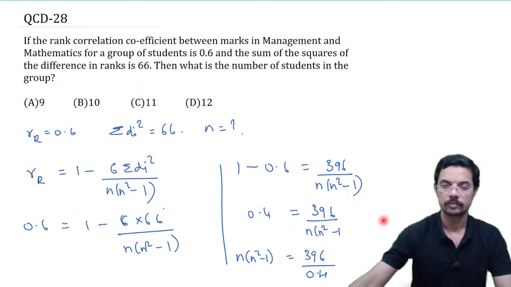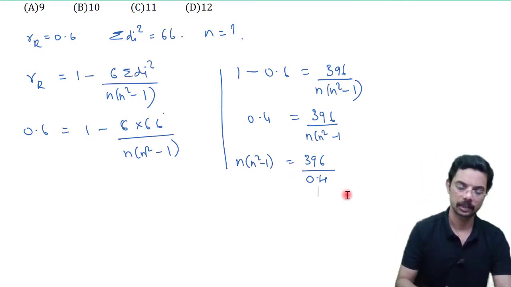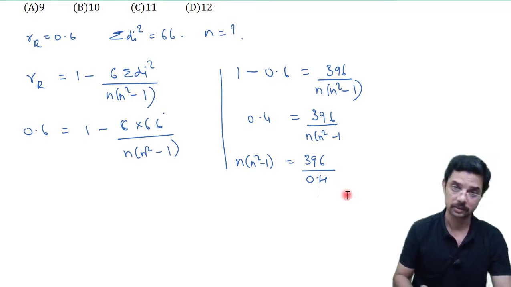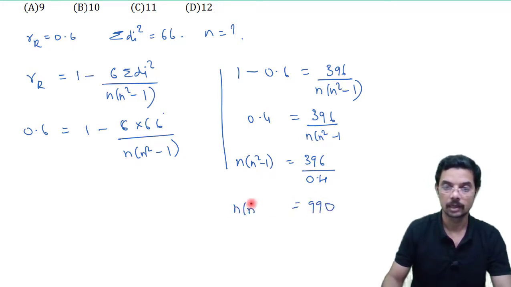Okay, let us divide and check. Let me divide 396 by 0.4. 396 divided by 4 equal to 990. Okay, that is equal to 990. This is n into n square minus 1.